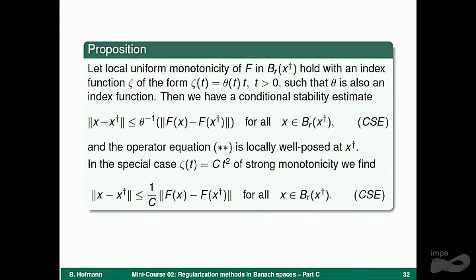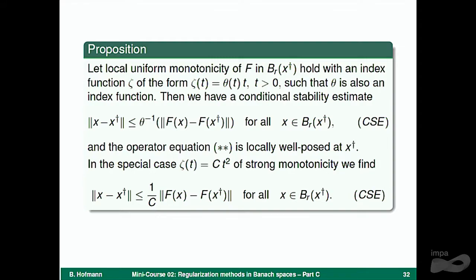One proposition we formulated, which seems rather trivial, we formulated with Radu Boţ in a paper last year. Let local uniform monotonicity hold with such an index function, and this index function should have the form t times another index function. Then we have conditional stability estimates of this form, which means if you have such a local uniform monotonicity, you get a conditional stability estimate.